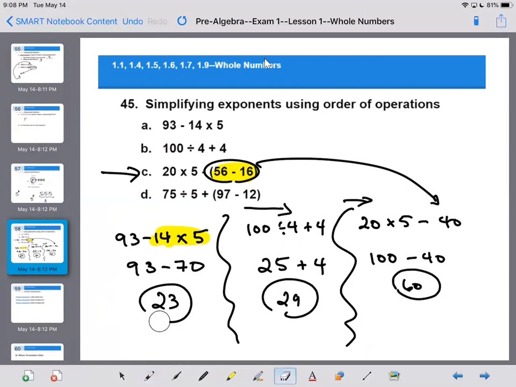Okay, and then finally, below, I've got 75 divided by 5 plus 97 minus 12. I want to do this part first, which is going to be 85. So 75 divided by 5 plus 85.